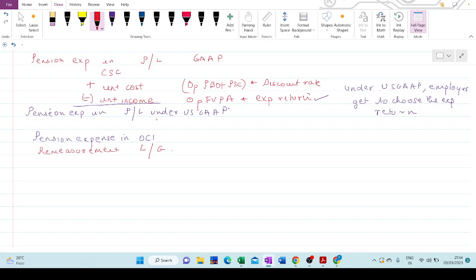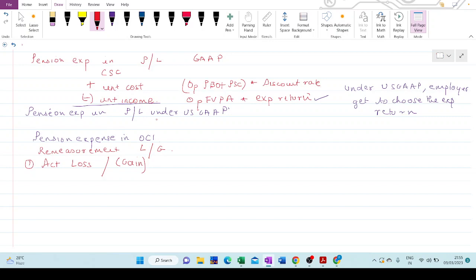The first component is actuarial loss or gain. So what is this actuarial loss or gain? Okay, so if the actuaries change an actuarial assumption which causes the PBO to increase, that would be an actuarial loss. And if changes in actuarial assumption cause PBO to decrease, that is an actuarial gain, right?